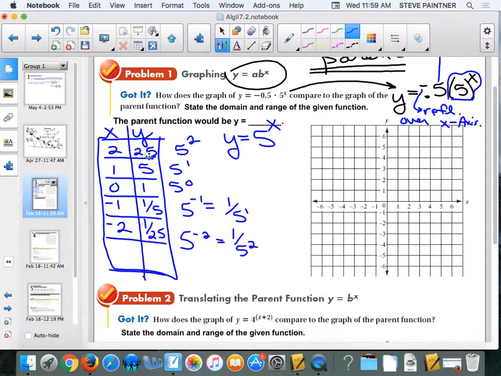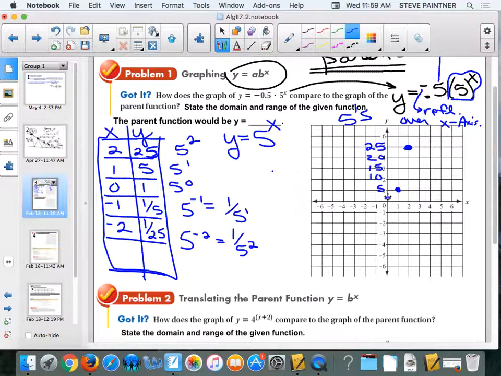If this is my biggest number, 25, I should probably go by 5s? Okay, so I'll go by 5. Here we go. 2 gets 25. 1 gets 5. Okay, I'm just throwing some numbers in so you can see it better. 0 gets 1.